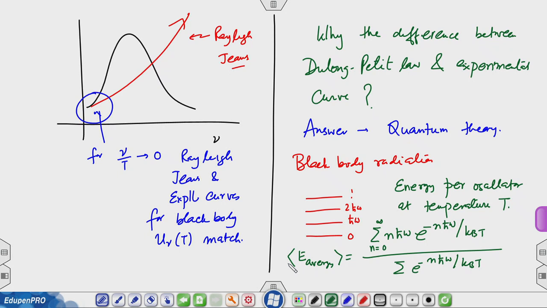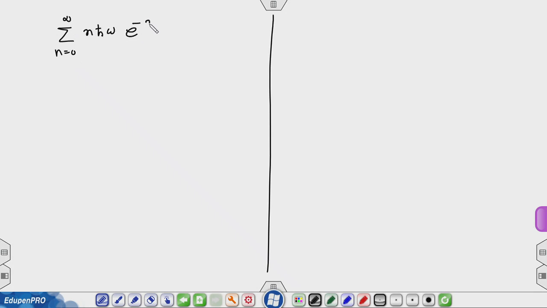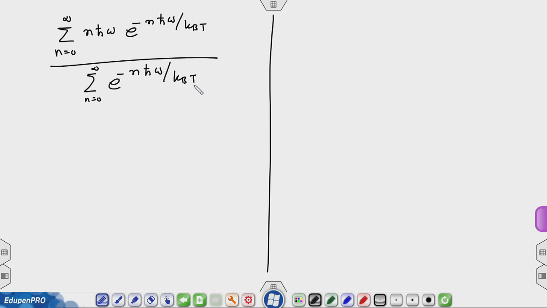So, if you are at temperature T, this is the average energy per oscillator. In a cavity where I have electromagnetic waves, each mode has this energy, summation n equals 0 to infinity n h cross omega e raised to minus n h cross omega by kBT divided by summation n equals 0 to infinity e raised to minus n h cross omega divided by kBT.